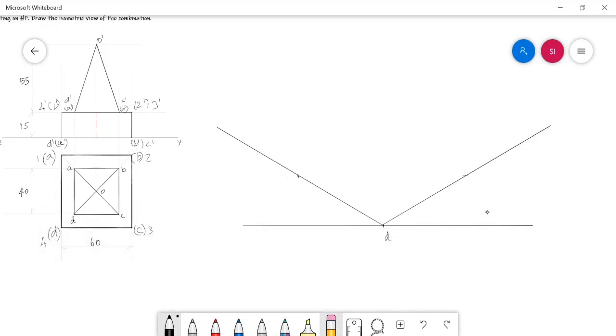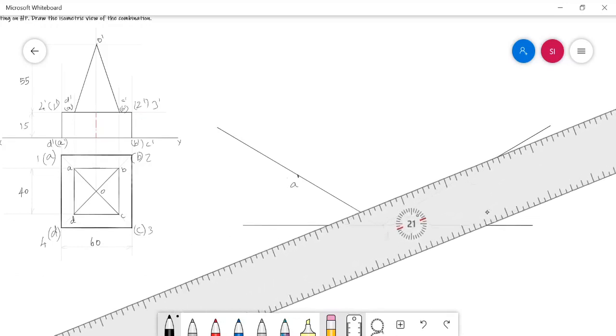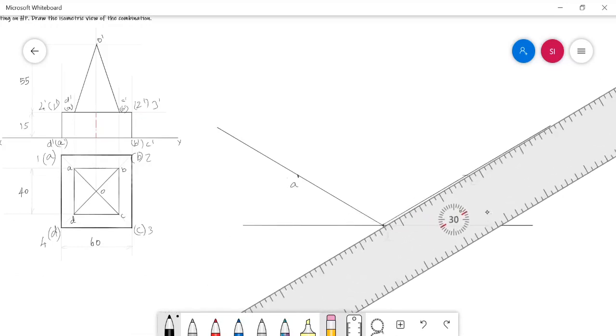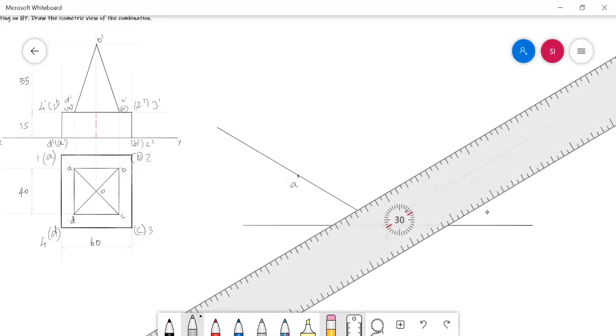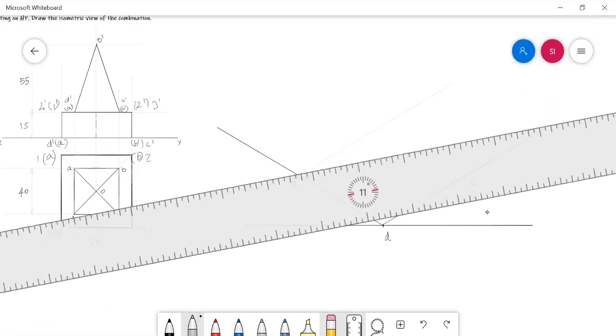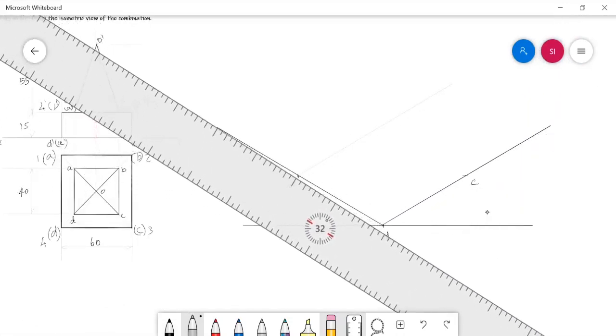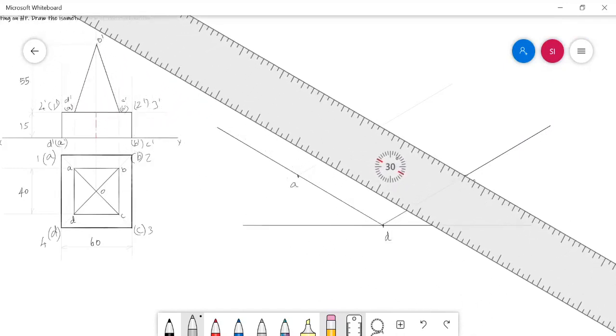So this corner is A and that corner is C. And in order to locate the corner B, I need to set the drafter parallel with the side DC and draw a line from A, and then set the drafter parallel to AD, and from the corner C draw one more line.